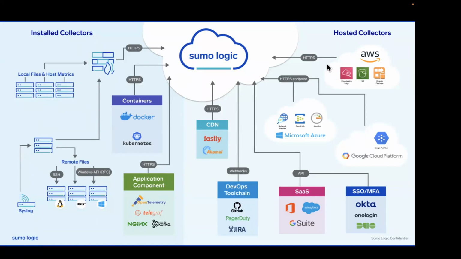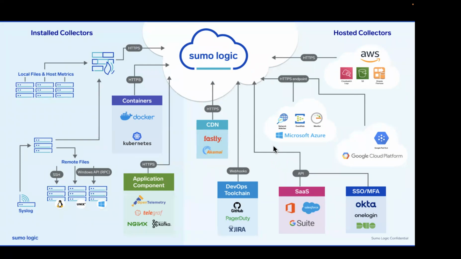On the other hand, the other type of collector is referred to as a hosted collector. There's no installation, ladies and gentlemen. Essentially, the hosted collector is already in the cloud. So if your logs and metrics are already in AWS, Azure, or Google Cloud, then essentially all we need from a Sumo Logic perspective is to know where those logs and metrics are and any credentials we need to host them.